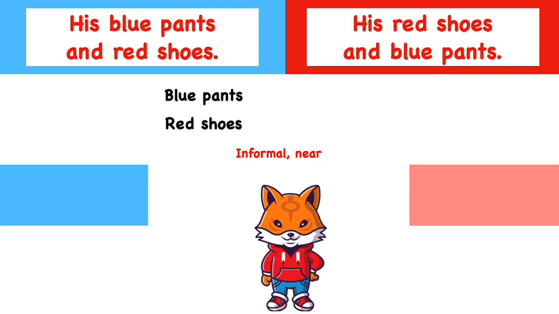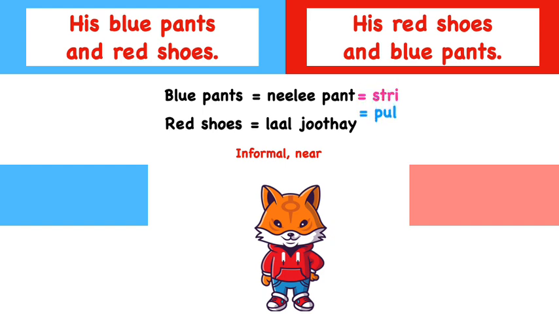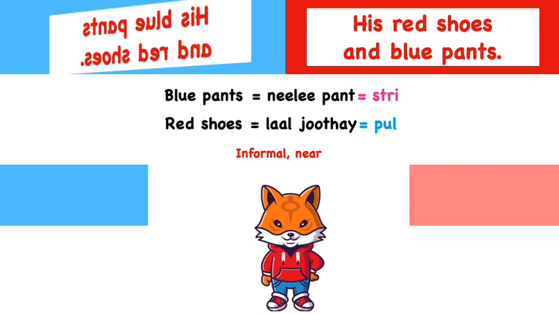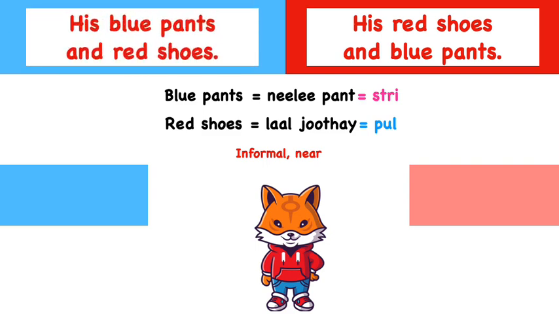Blue pants are neeli pant, and we know that pant is stri. Red shoes are lal joothay, and we know that that is pull. Those nouns are common to both sentences. What's different about them is the order in which they occur. In the first sentence, blue pants comes first, followed by red shoes, and in the second sentence, red shoes is followed by blue pants.